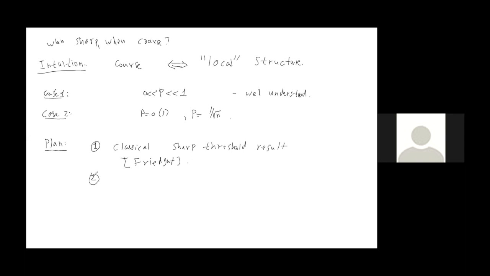Then I'm going to show you, as the title suggests, how to use such results to solve problems in extremal combinatorics. More precisely, we're going to study the structure of intersecting families. This is a result of Dinur and Friedgut.